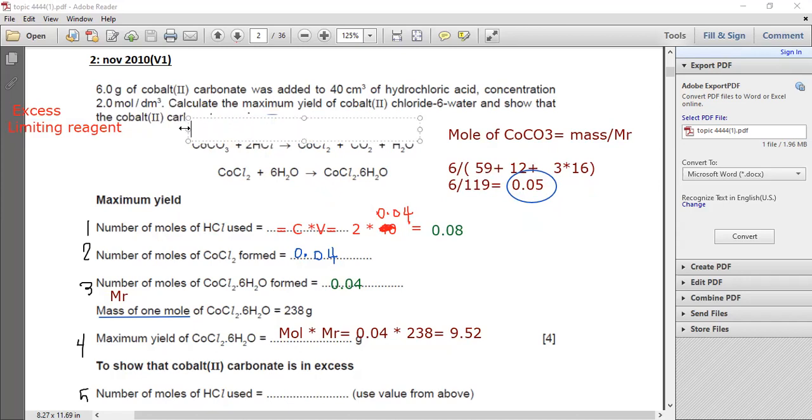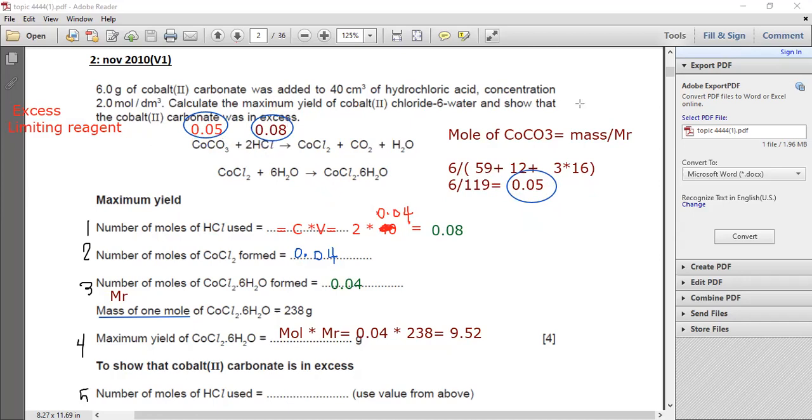So what should I do now? I need to know which one is in excess. How can you find which one is in excess? Again, I will repeat.